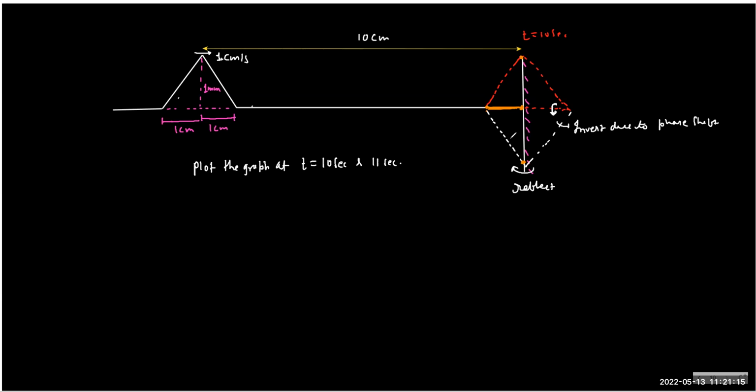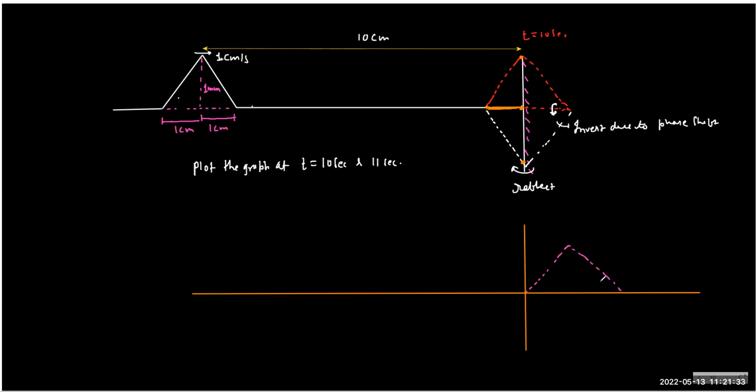But exactly at 11 seconds, what will happen? At 11 seconds, the entire wave will be on the right. So by the time it is 11, the wave has reached here. So you have to do the same process.